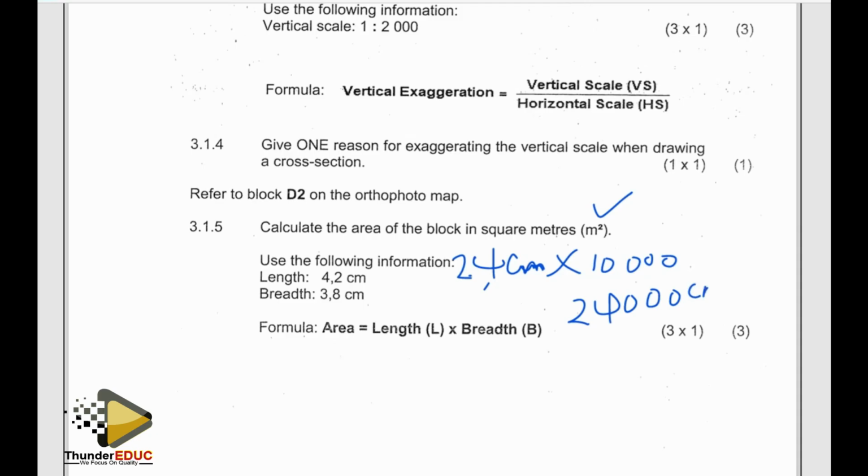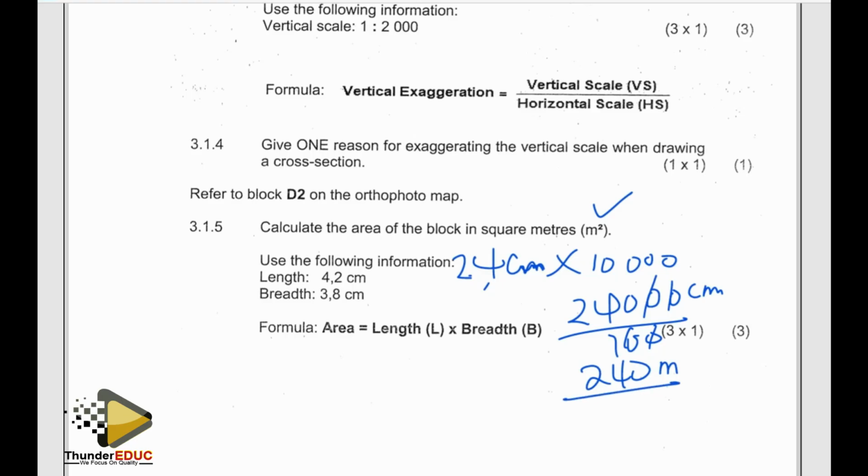This is in centimeters. To get the actual distance in meters, you divide by the number of centimeters in a meter, which is 100. You remain with 240 meters.